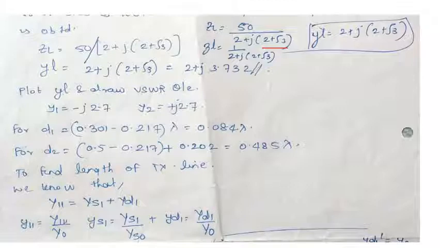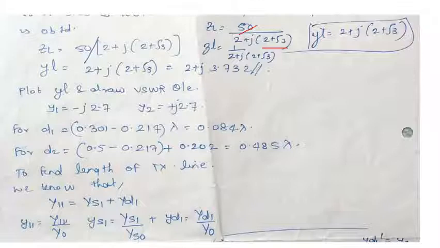Small zl will be capital ZL upon 50, so that 50 and 50 get cancelled out, and you get the value as 1 upon 2 plus j(2 plus root 3).